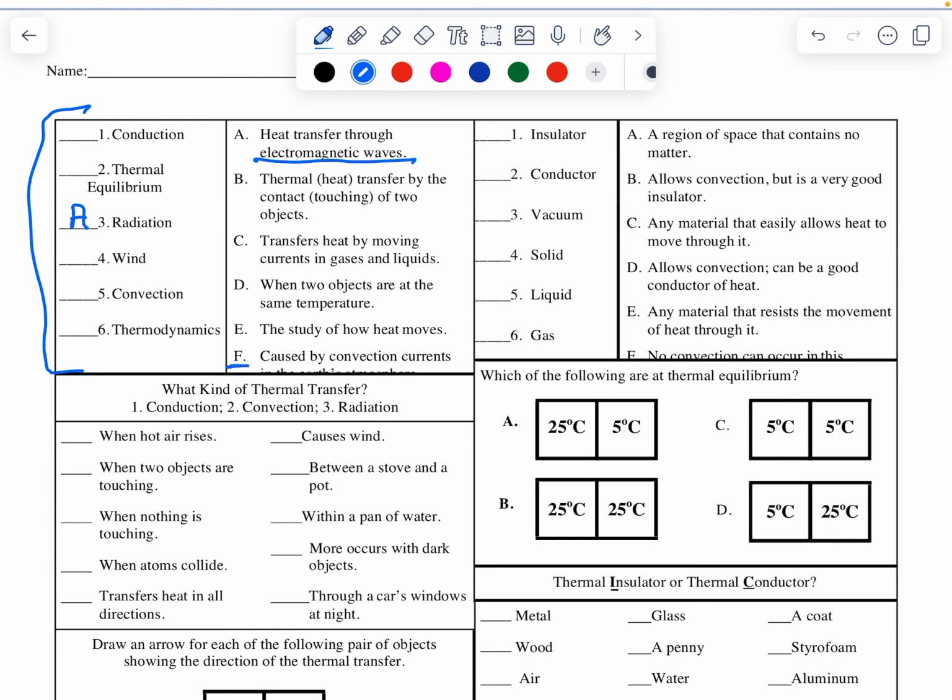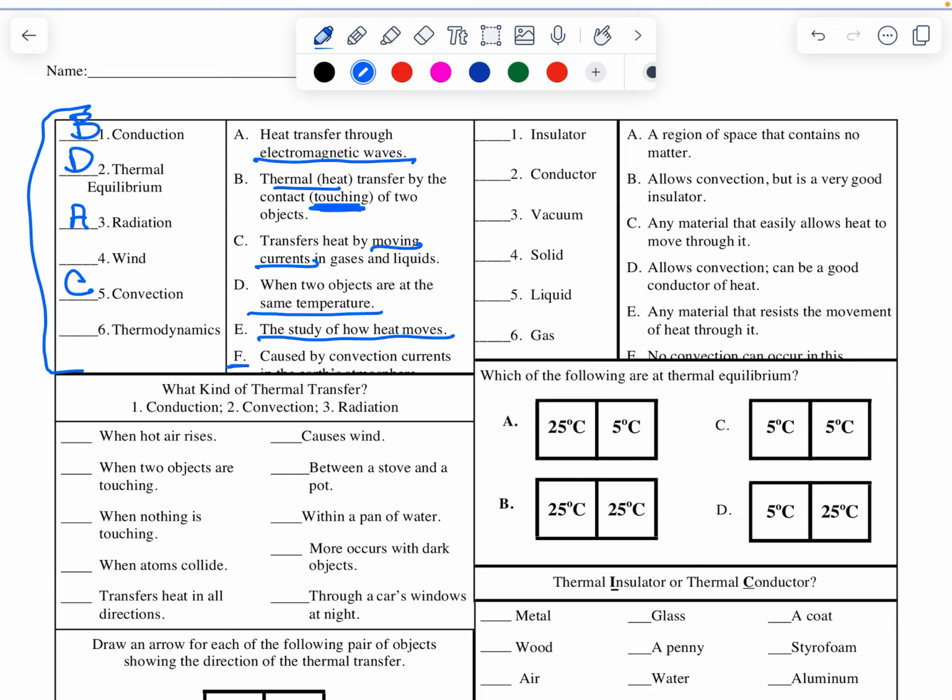A goes with radiation. So when we have heat transfer by objects that are touching, that is conduction. The transfer of heat by moving currents in liquids and gases is convection. When two objects are at the same temperature, that means they have come to thermal equilibrium.